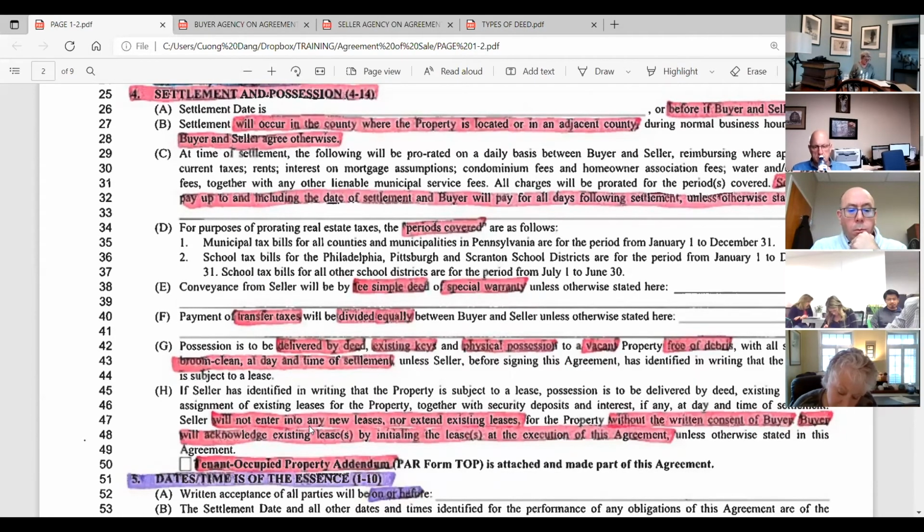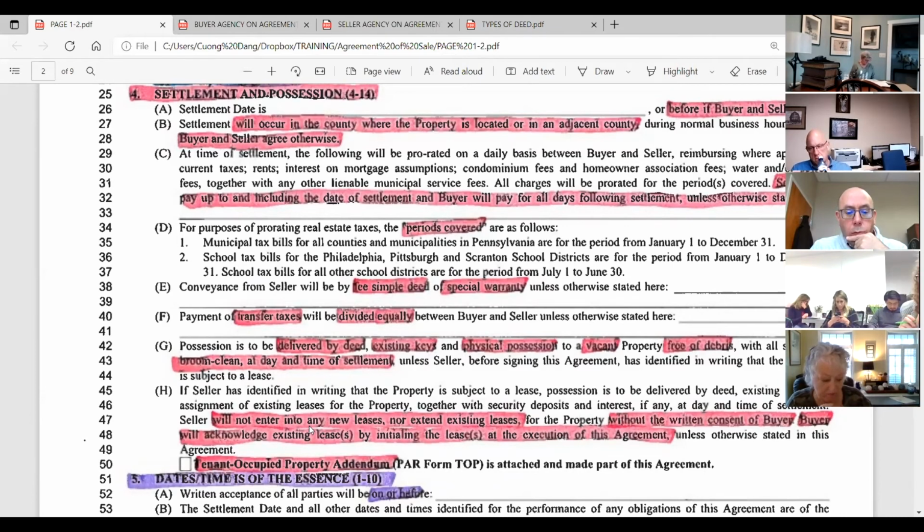Okay. The last section, H, of settlement and possession. If seller has identified in writing that the property is subject to a lease, possession is to be delivered by deed, existing keys, and assignment of existing leases for the property, together with the security deposit and interest, if any, at day and time of settlement.